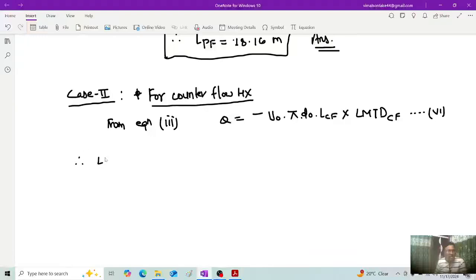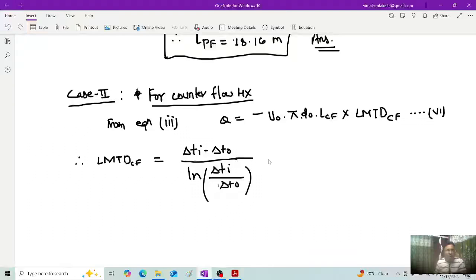So LMTD for counter flow heat exchanger. Now general formula will remain same, that is delta Ti minus delta To divided by log of delta Ti over delta To.